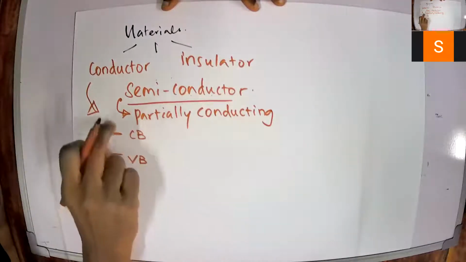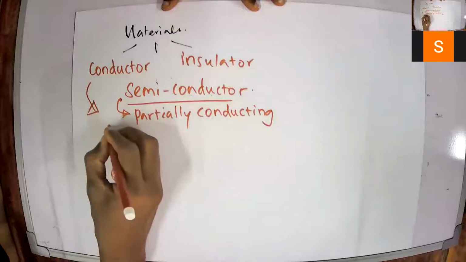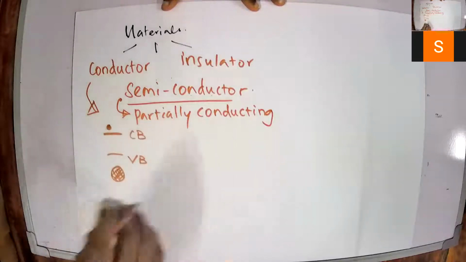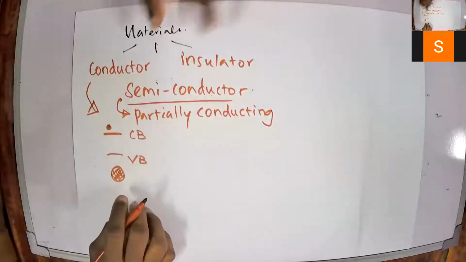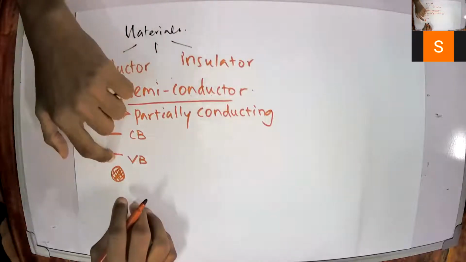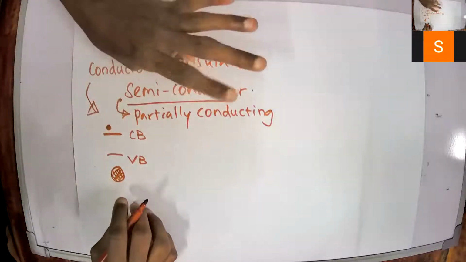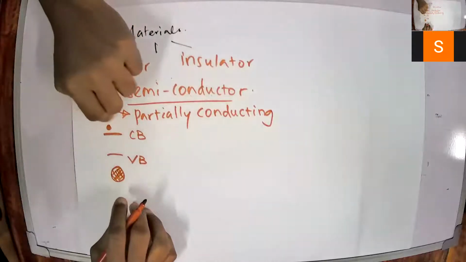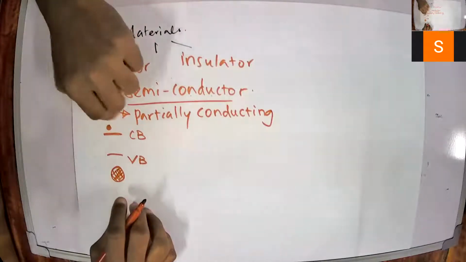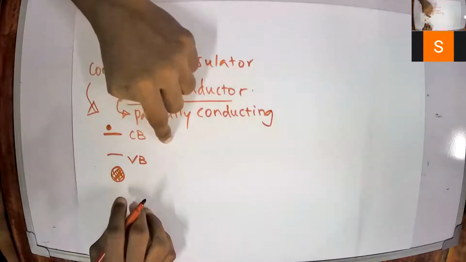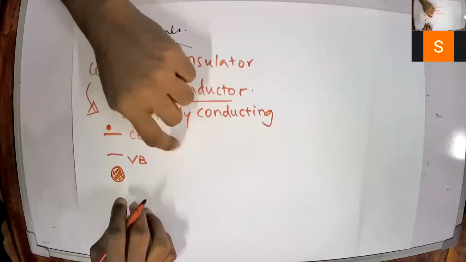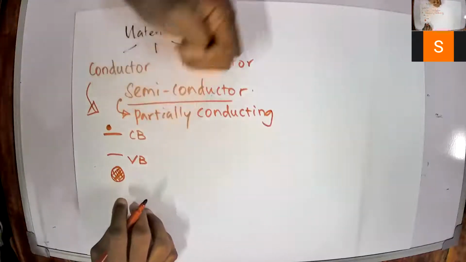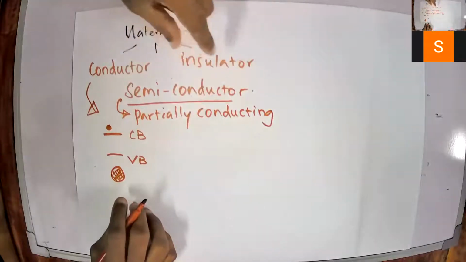If you have an electron in the conduction band, that can move from one atom to another. If you have an electron in the valence band, that cannot move from atom to atom. But an electron at the conduction band can move from one to another, which creates electricity or flow of current. Clear?